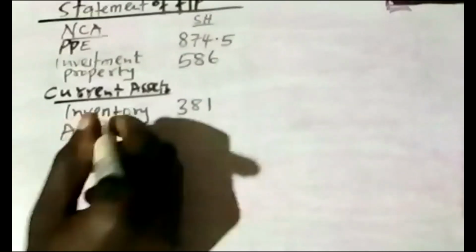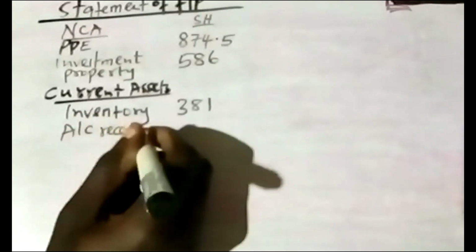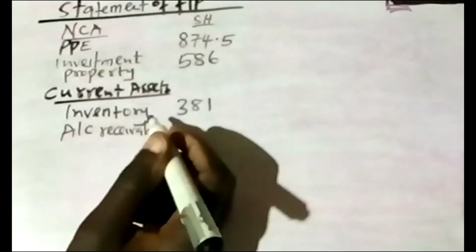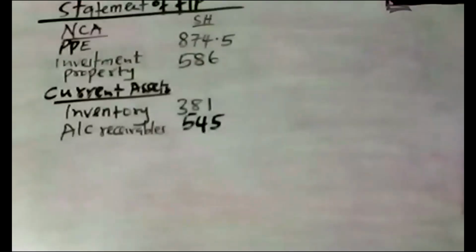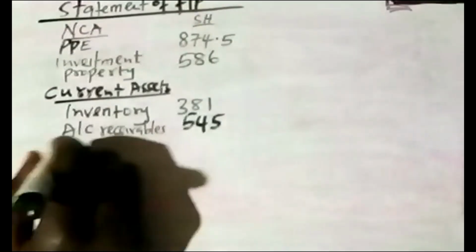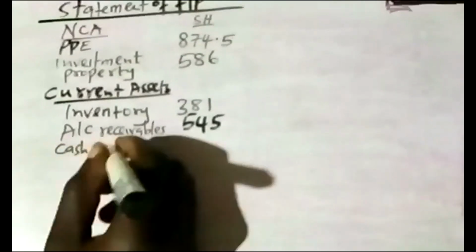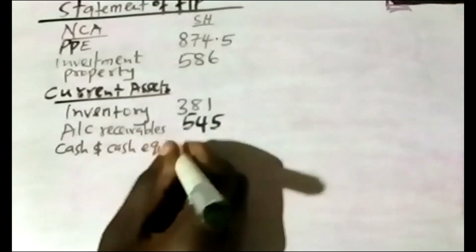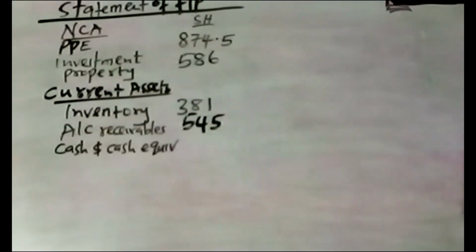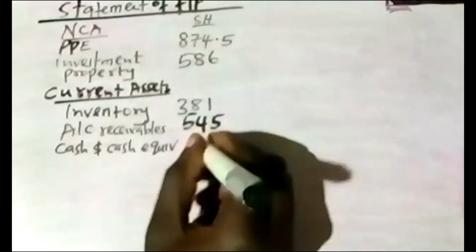Then remember we need to record the receivables, which is direct on this question from your balance sheet, 545. Then even cash is direct, cash and cash equivalent, which is 28.